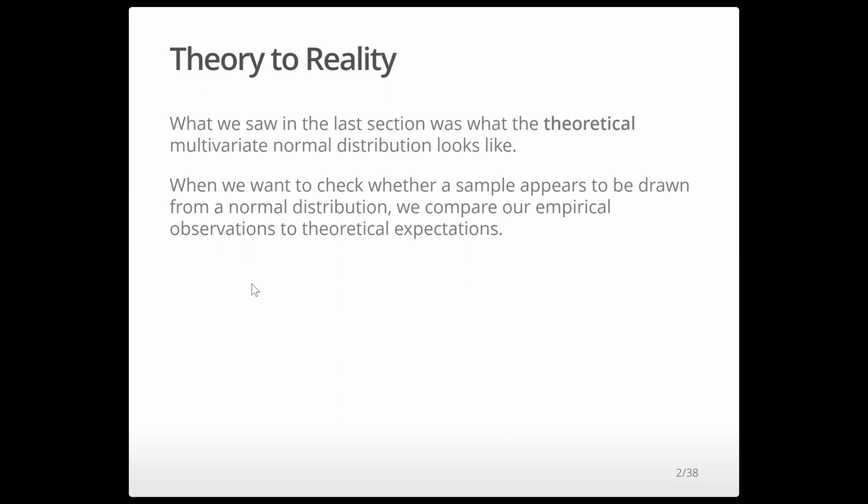What we talked about in the last video was the theoretical idealized version of the multivariate normal distribution. But what we deal with are samples, which are, we hope, often drawn from populations that are multivariate normally distributed. So what we want to do is compare our observations to our theoretical expectations.